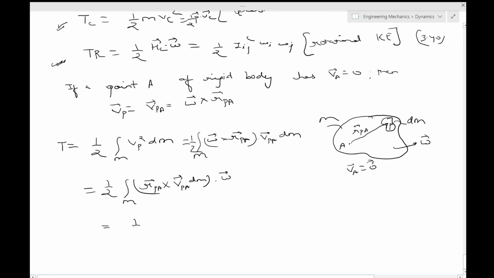This is equal to half H_A dot omega, and this is equal to half I_ij^A omega_i omega_j. This is 3.41.